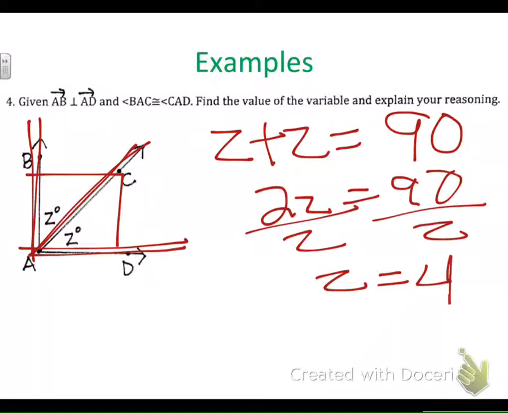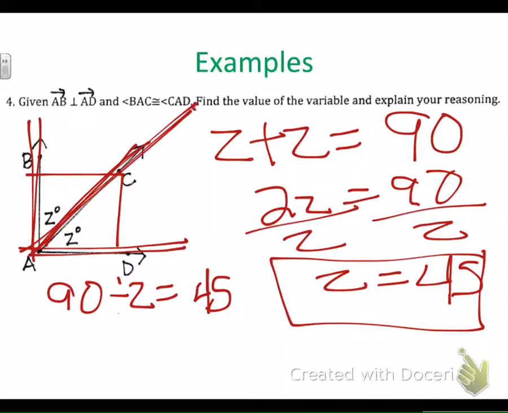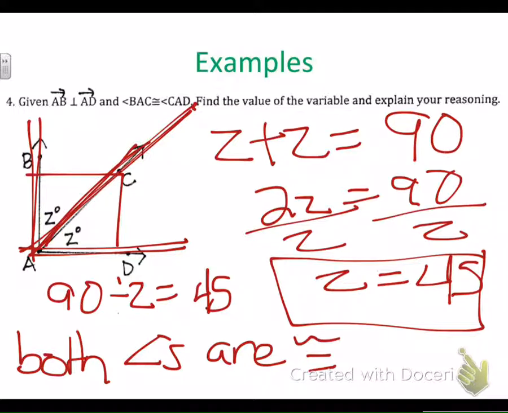Z is equal to 45. Or you could just do 90 divided by 2 is equal to 45, because we know this is a bisector, like what we learned in chapter 2. So you could do it either way, and you would just say that both angles are equal to each other, or are congruent.